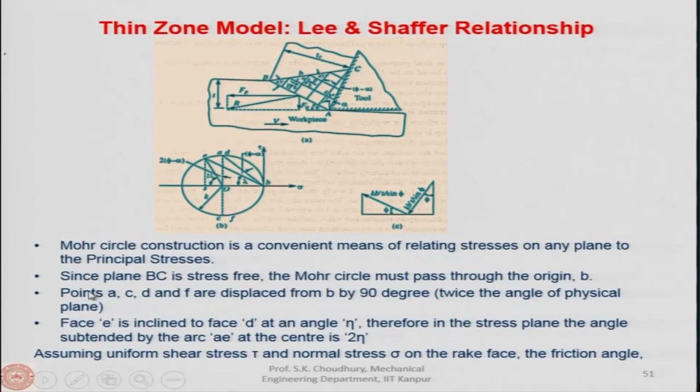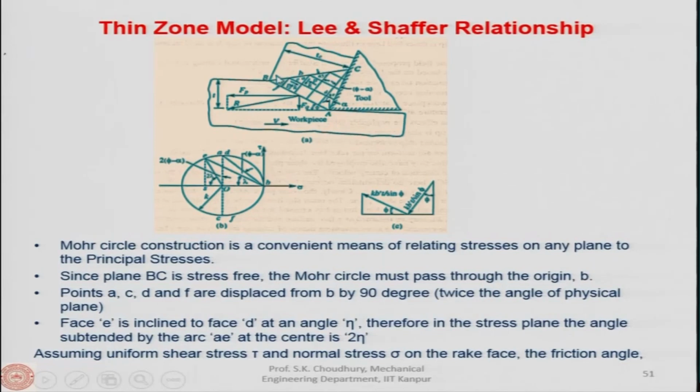Since plane BC, let us say this is the plane BC, we have designated as B, meaning that this is the plane and the stresses on the plane can be designated by a point B on the periphery of the Mohr circle. Now, this B is placed here.